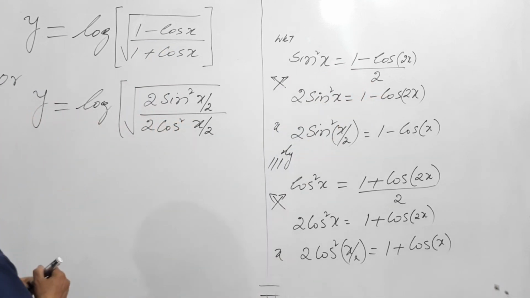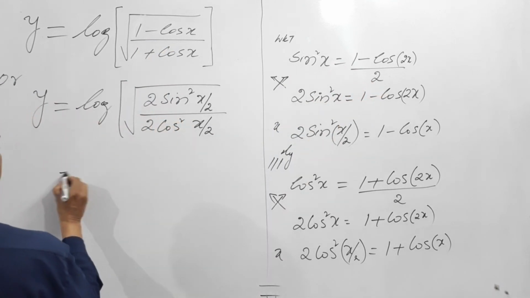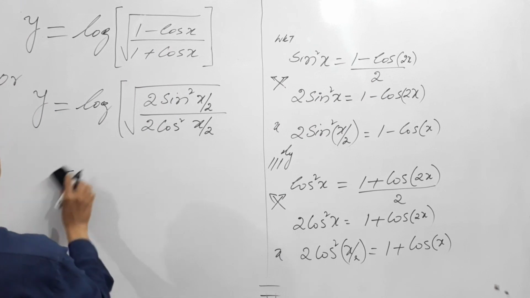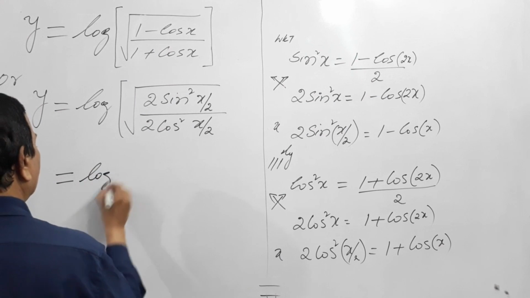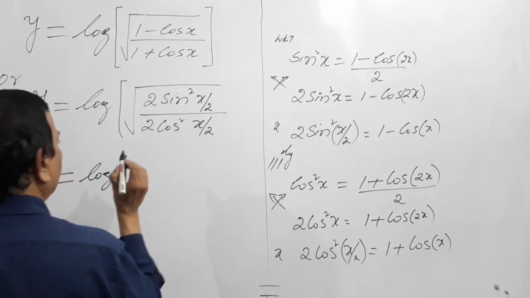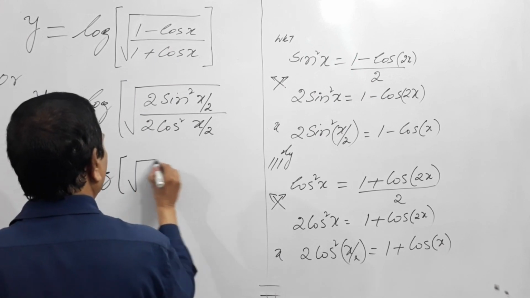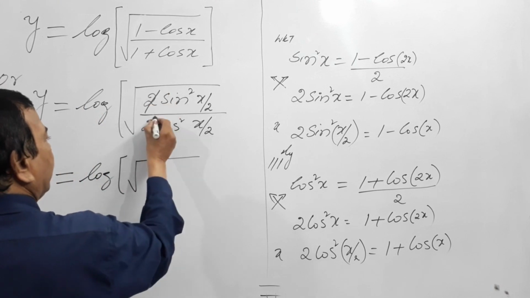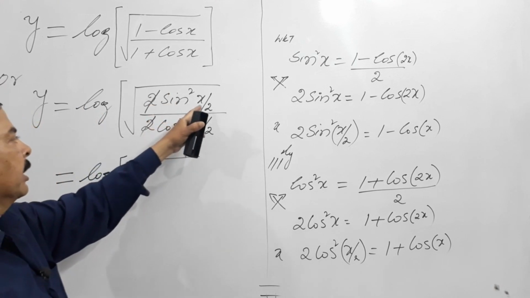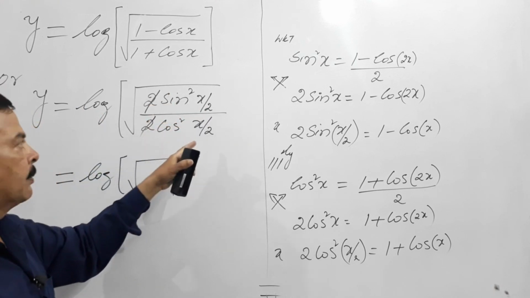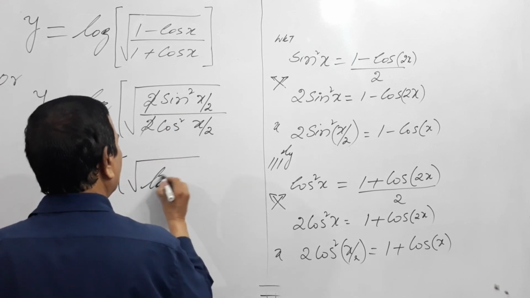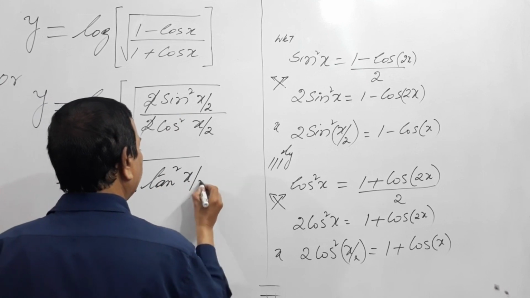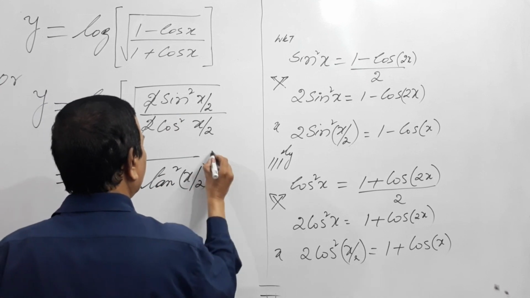So what happens to this? This becomes log of under the root. So this 2 cancels. Sin square x by 2 divided by cos square x by 2 is nothing but tan square x by 2, right?